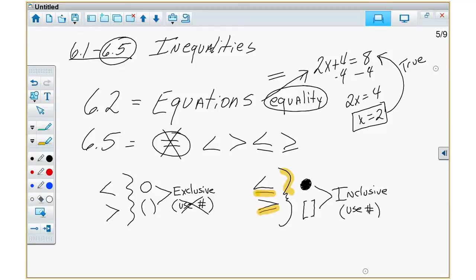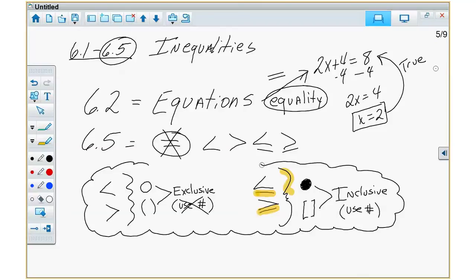So it's very important that you write this down, because when I do problems Wednesday, I'm going to do the problem and I'm going to graph it and I'm going to write it in interval notation, and somebody's going to say, well, how'd you know to use a parenthesis there? And I'm just going to keep on going, because I've just told you that you have to know this. All right? Simple as that.